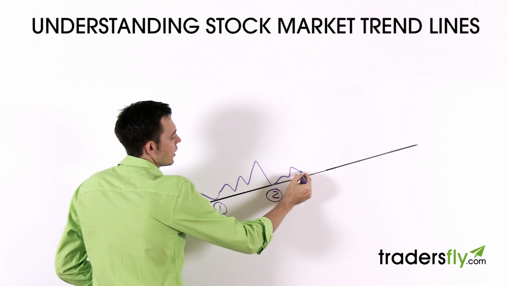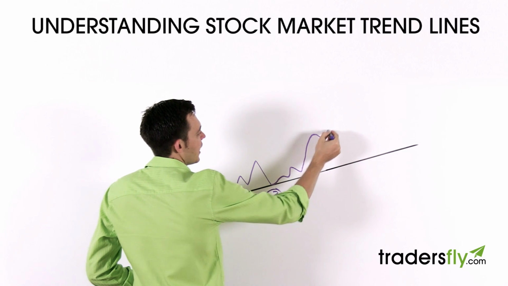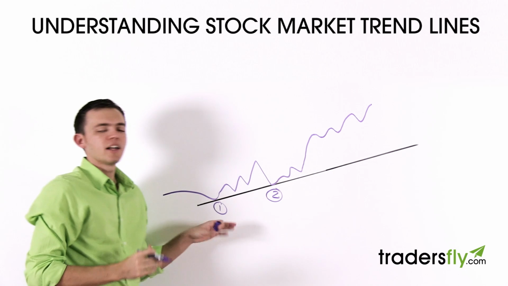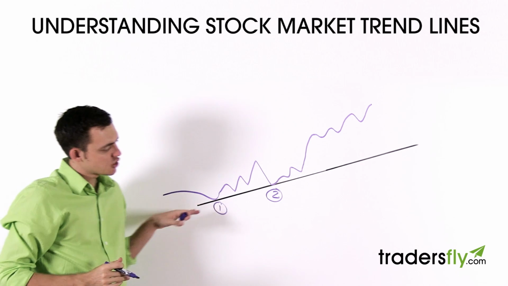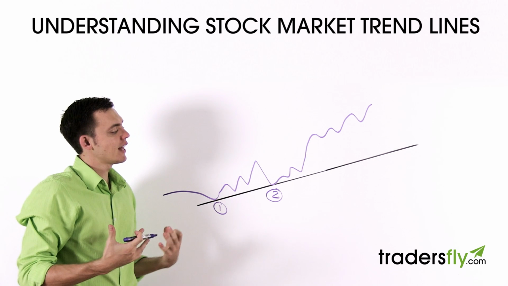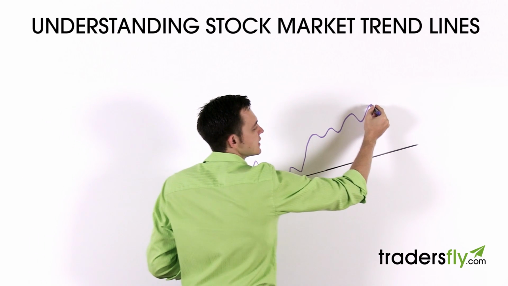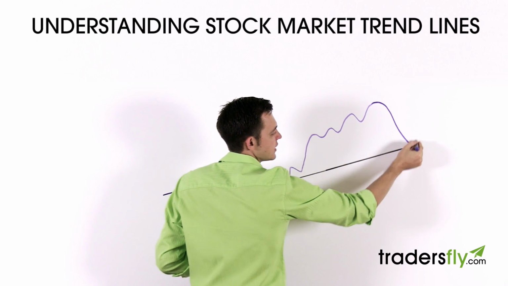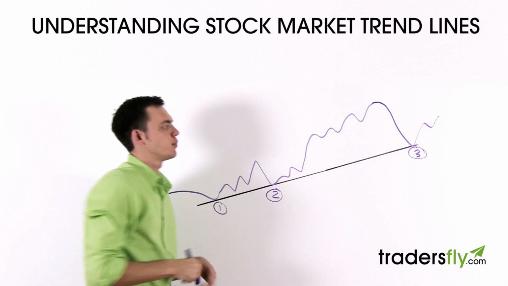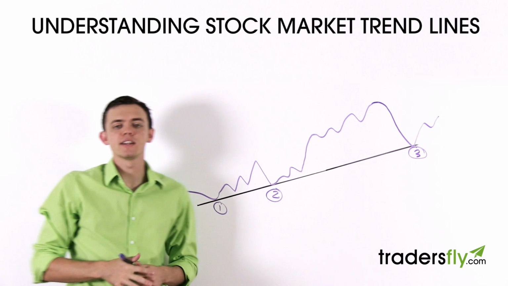Then the stock's coming back up, and now it's going away from this trend line. So you can see it's not following this trend line anymore, but because this trend line still progresses into the future, it shows validation if the price comes back down, hits it, and bounces back up. That would be our third point, and that third point creates the validation.